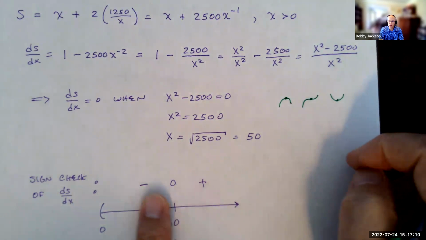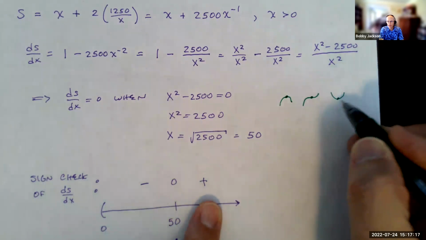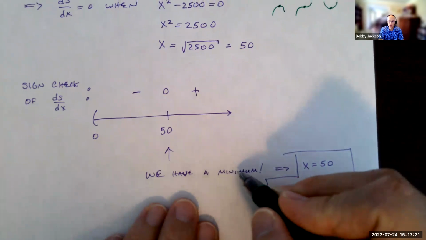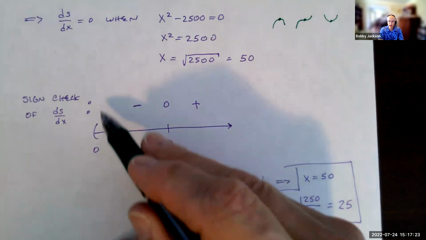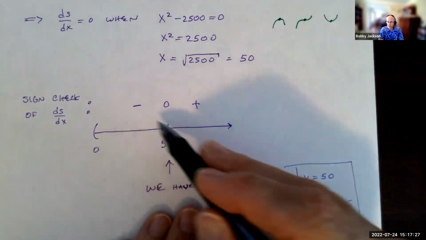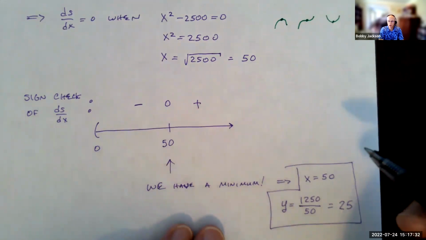So we have what? A change in sign from negative to positive, which means the function is going from what? Decreasing to increasing. So we've got a local minimum. In fact, I know it's a global minimum because on the domain, we're decreasing to 50 and then we're increasing forevermore, right? So this is the absolute minimum on the interval for this function.